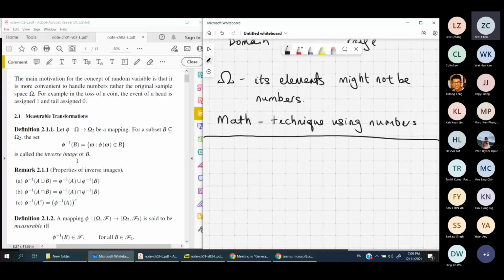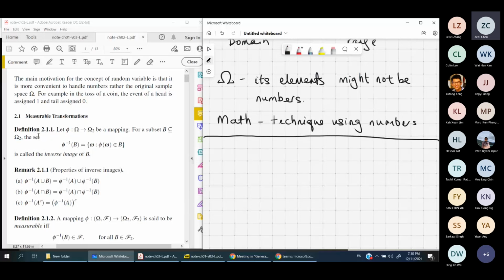Let's say we have two sets, omega and omega 2. Phi is a mapping, and a mapping is a function, from omega to omega 2. For any subset B in omega 2, phi inverse of B is all the omega such that phi of omega belongs to B. This is the inverse image of B.